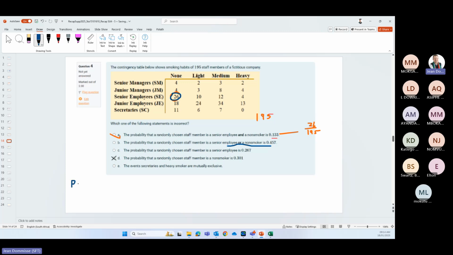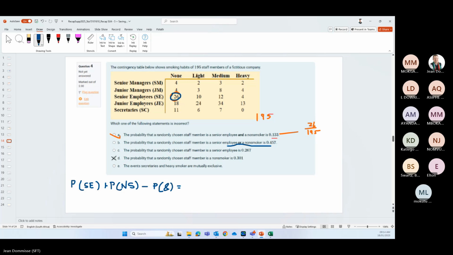So what's the probability that the randomly chosen staff member is a senior employee, or that the staff member is a non-smoker? And then we need to subtract the probability of the AND. And so that will give us the OR that we are looking for.